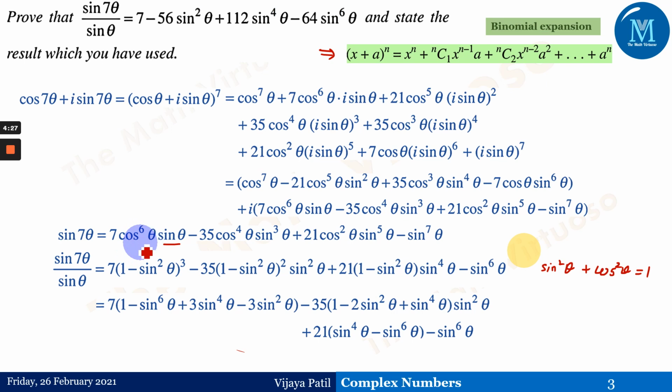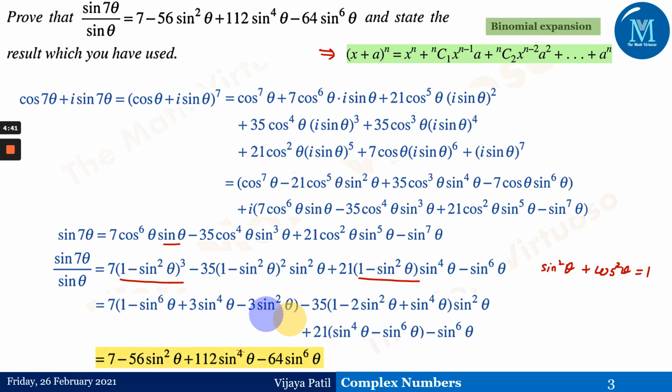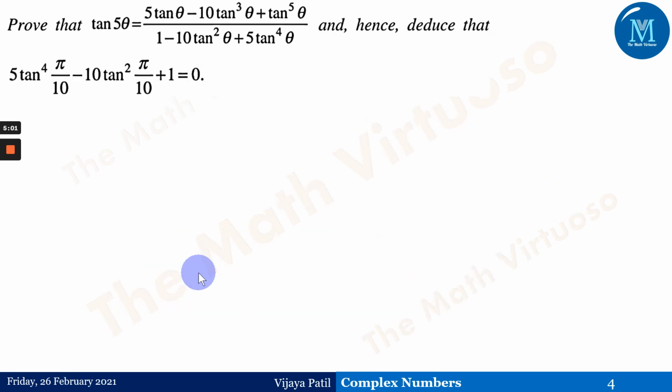So every cos square theta is replaced by 1 minus sin square theta, and by multiplication and collecting the terms, you get 7 minus 56 sin square theta and so on, the desired answer. The important step to remember is this trigonometric formula, used to change the cos square terms into sin square terms.